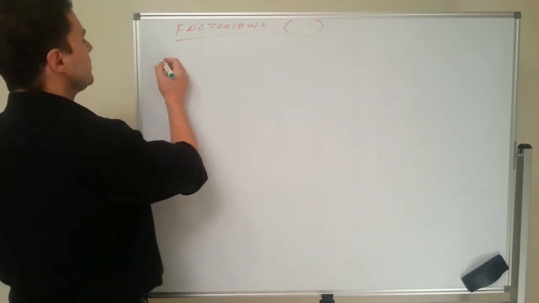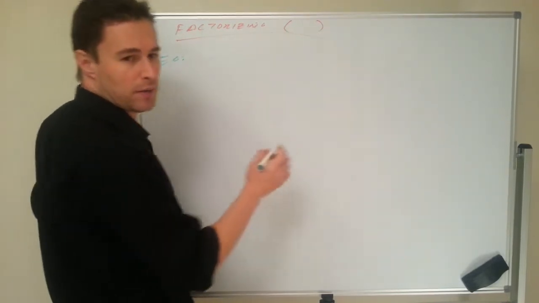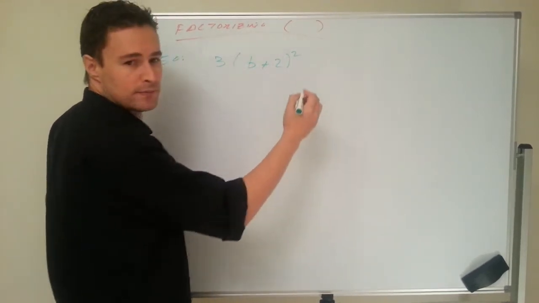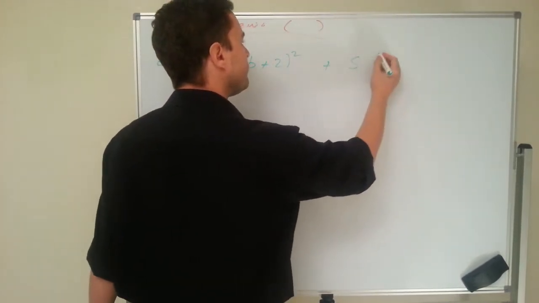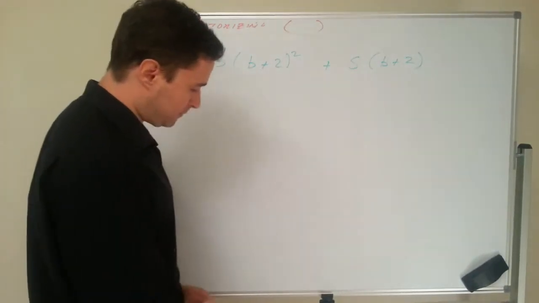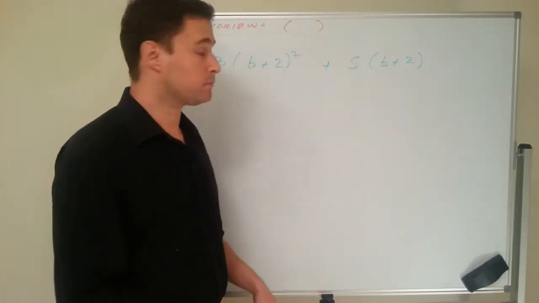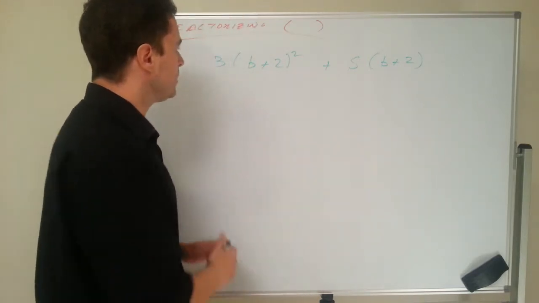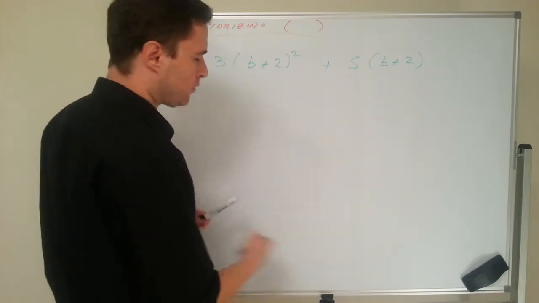Okay, so let's take a look at this, e.g. 3 brackets b plus 2 squared plus 5 brackets b plus 2. If I've got something like this, let's just quickly go through the thinking step with this example. Let's write this out and see what I've got.